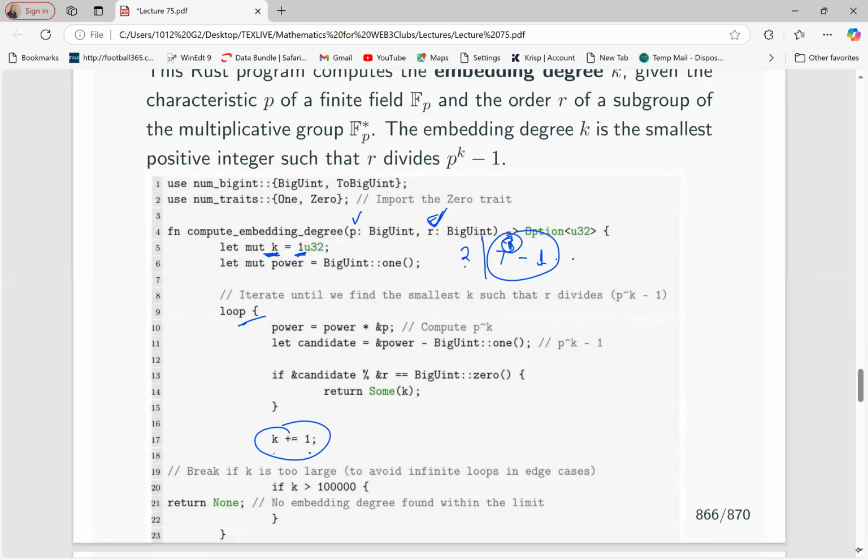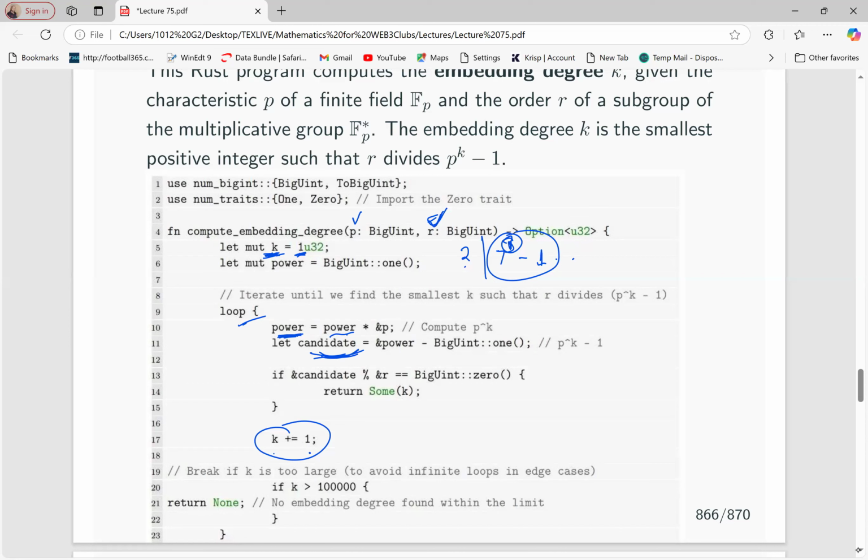So it will then be: let the power be p raised to k in this case, because we began with k. Then let the candidate, we are now focusing on what will be the answer.